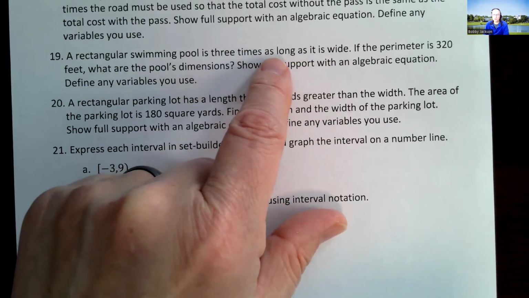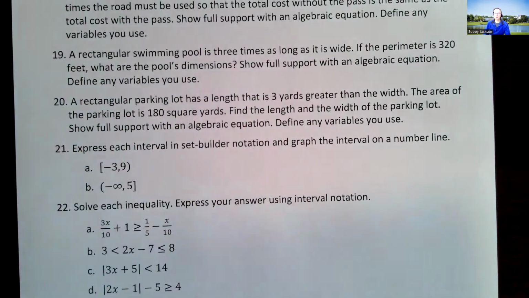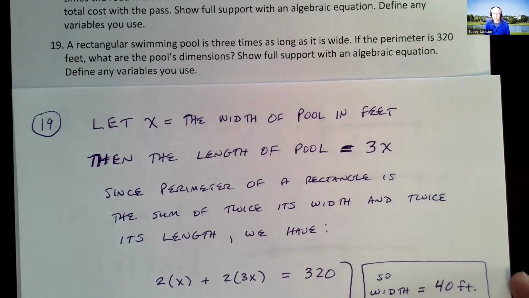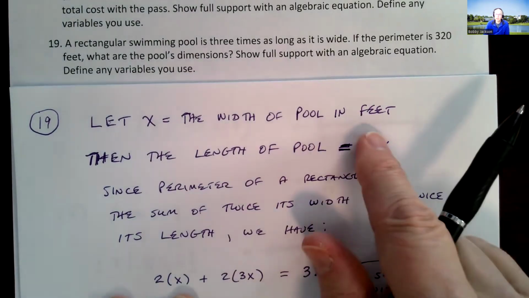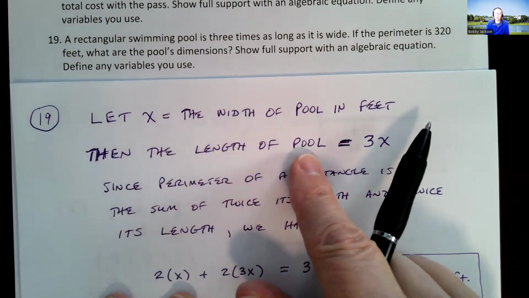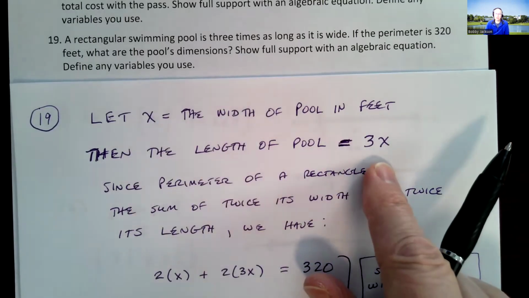If it's 3 times as long as it is wide, the length is 3 times whatever that width is. So for me, I'm going to let X then be the width of our swimming pool, of course, measured in feet. Then, as we said, the length of the pool is 3 times as long, so it's 3 times X.